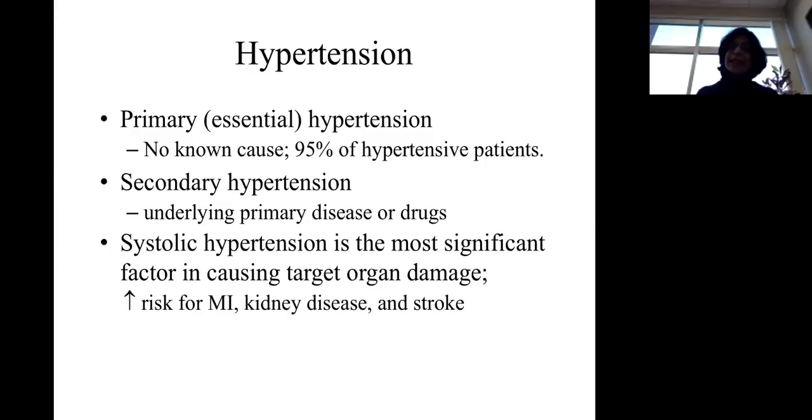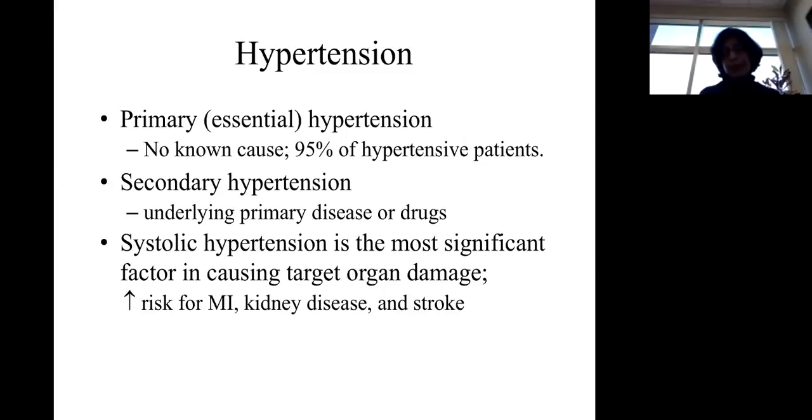All right, secondary hypertension is where another structure is not functioning, and therefore it leads to hypertension. A good example is a kidney failure. It's not able to release enough fluid in the form of urine.